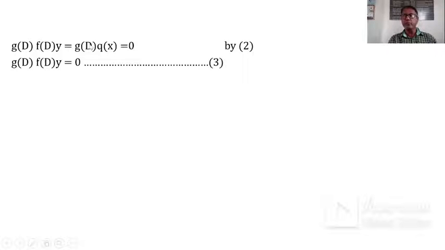We know that this g of D operating on Q of x is equal to 0. Therefore, we obtain this homogeneous differential equation: g of D f of D y is equal to 0. We call this equation number 3. You remember this equation? We want to use this again later on.